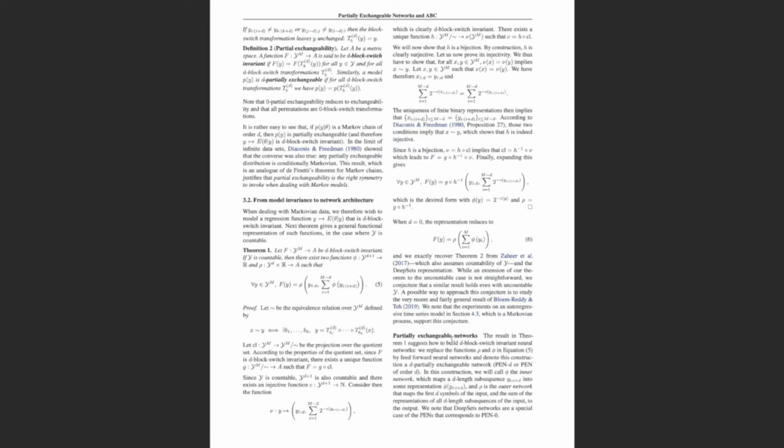The partially exchangeable networks are defined by this PND, P of order D. D means the order of the partially exchangeable network, which means the current value is affected by the previous D values.